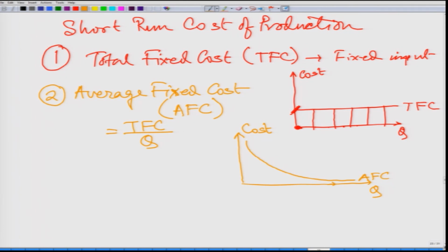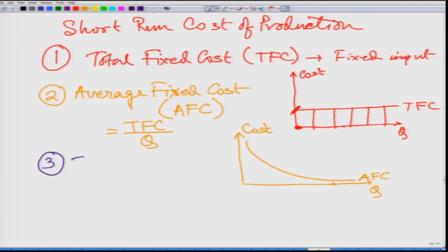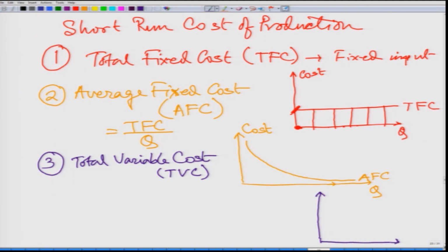This is my average fixed cost and total fixed cost, but there are also variable inputs. The cost associated with the variable inputs is known as total variable cost. The total variable cost curve will look like a sigmoid-shaped curve.